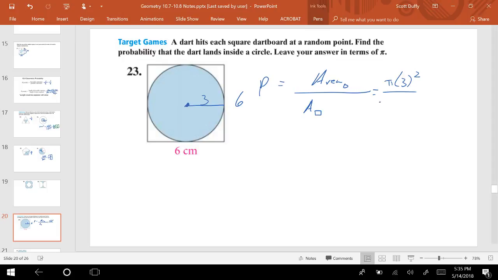The square's area is 6 times 6, which is 36. 3 squared is 9, pi over 36. 9 over 36 is the same thing as 1/4, so that would be 1 pi over 4, or just pi over 4. That's the probability.